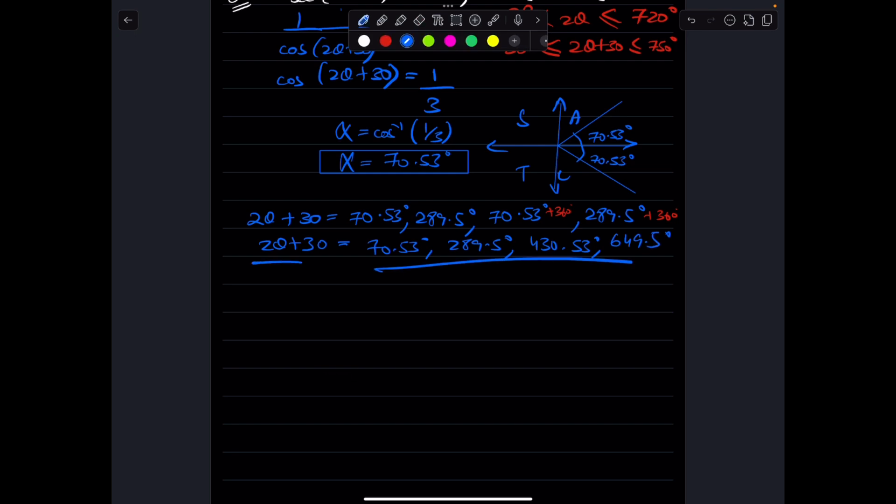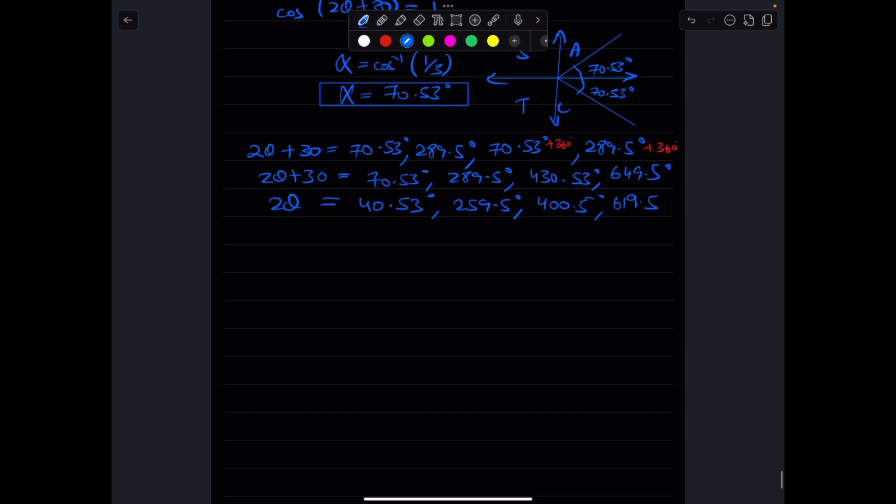Subtract 30 on both sides from everything. So we have this. This becomes 259.5. This becomes 400.5. Let's work till one decimal place. This becomes 619.5.